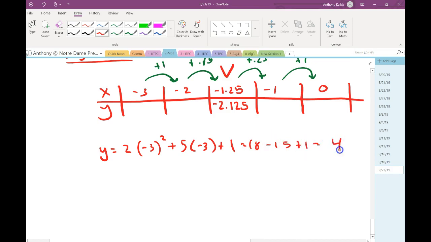Plus 1 is 4. And then plugging in -2. -2 squared is 4. 2 times 4 is 8. 5 times -2 is -10. And then plus 1 is -1.